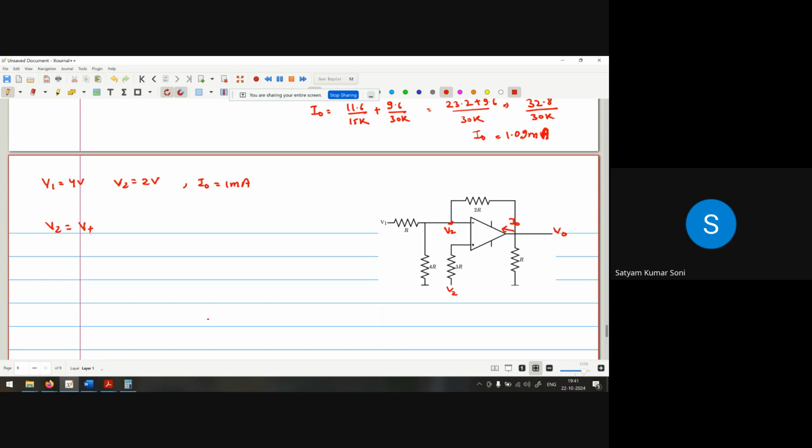Okay, now because of this V1, what voltage are we getting across this resistor? So the V2 voltage is nothing but V1 into 4R upon 5R. Please check whether it is correct or not.